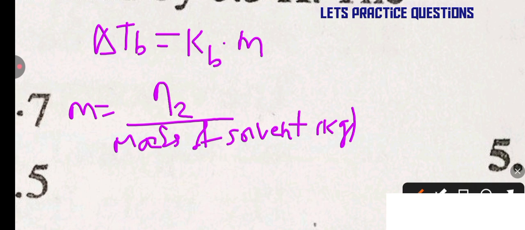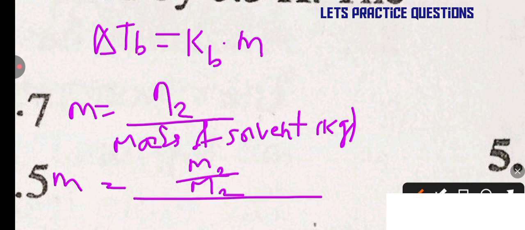Here for del Tb, let's simplify this. We can write moles of solute as mass of solute divided by molar mass of the solute, divided by mass of solvent in kg.